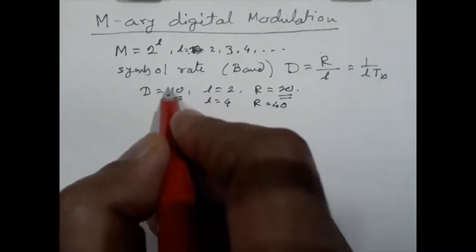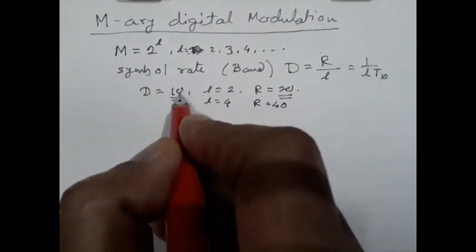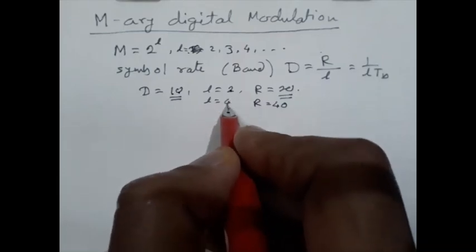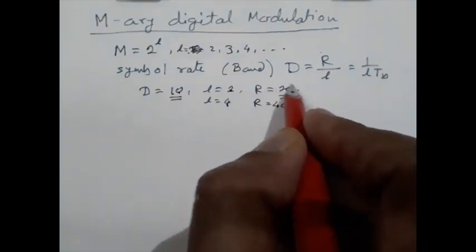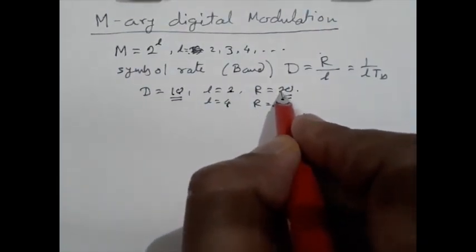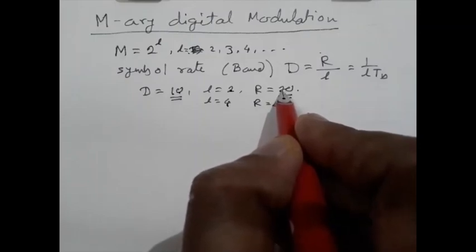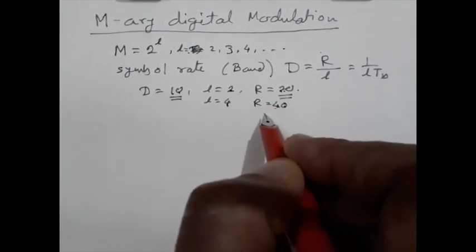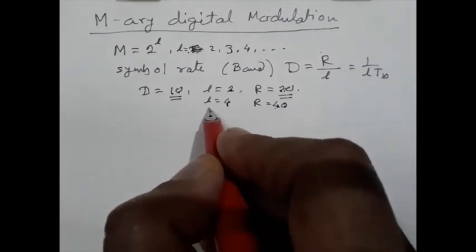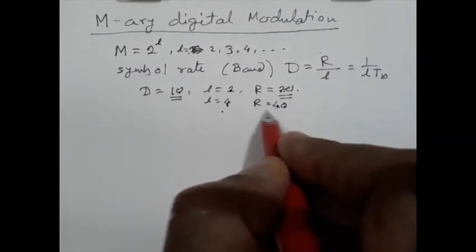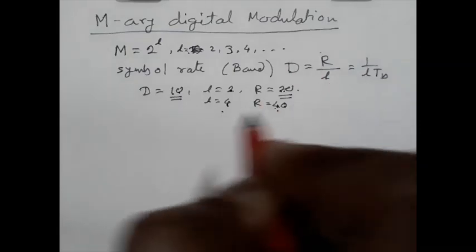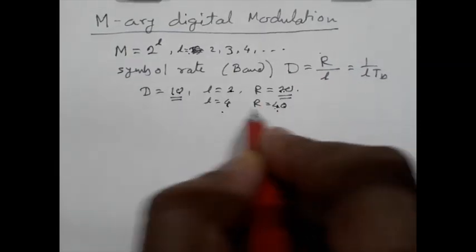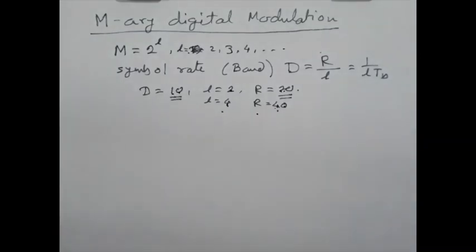That means using the same number of symbols, if we increase the value of L from 2 to 4, the number of bits transmitted will be enhanced from 20 to 40. So the higher the value of L, the higher the bit rate. Or in other words, if we keep the bit rate constant, the symbol rate will be diminished.